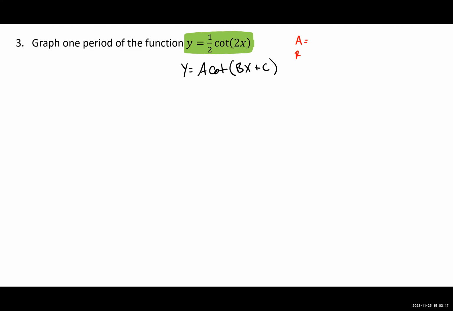What is b? And what is c? Oh, we just match up the numbers. In this case, the a is the 1/2, the number in front of the cotangent function. The b is a 2, so we have 2 times x. And the c, just like in the first problem, c is 0 because there is no plus or minus term in the cotangent function here.